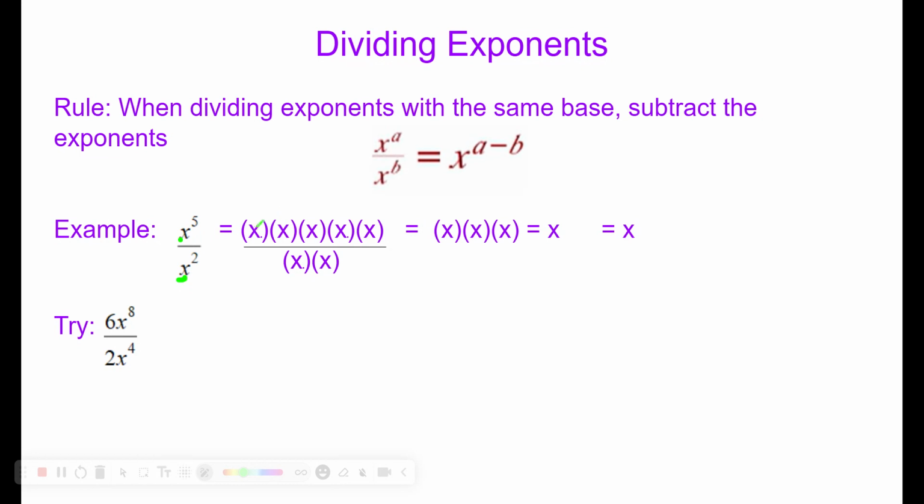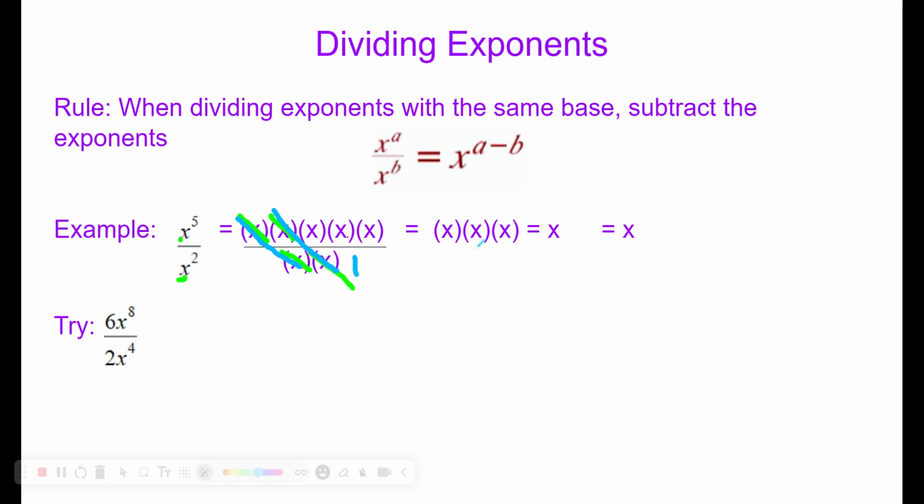This is essentially saying x times x times x times x times x over x times x. When we're dividing, whenever we see something that's the same, we can eliminate those things, right? This one is being eliminated here, and this one's being eliminated here. x divided by x is 1.